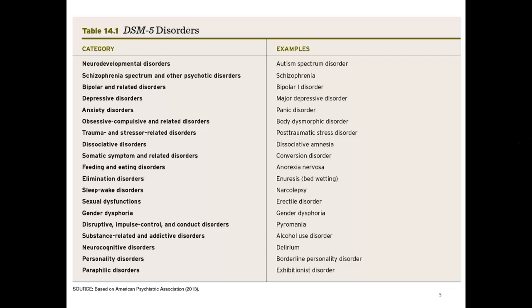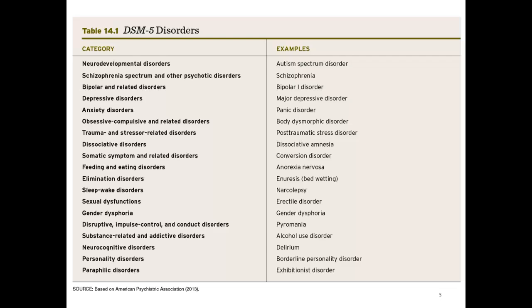So here are the different categories in the DSM-5, and I'm going to let you just read through that. With each category, you'll see an example of a disorder that would be part of that category. Some of these are pretty straightforward. Bipolar and related disorders is going to be bipolar disorder: bipolar 1, bipolar 2, bipolar not otherwise specified.